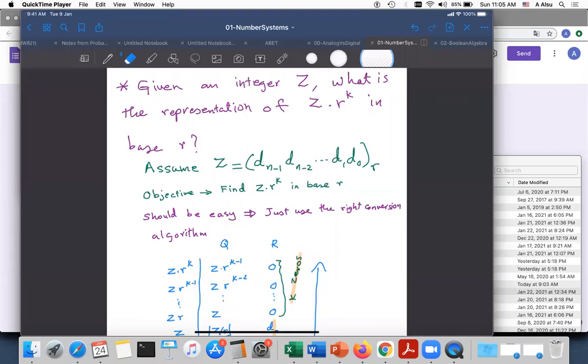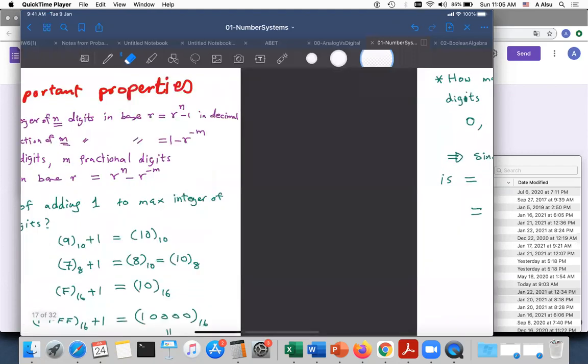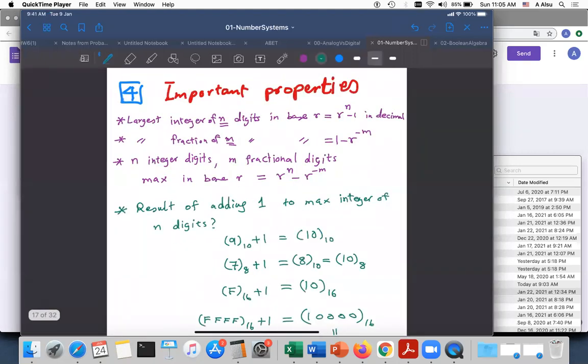Last lecture, we started the properties of number systems. Let me summarize the properties very quickly. The largest integer of n digits in base R is equal to R to the n minus 1 if you convert it to decimal.